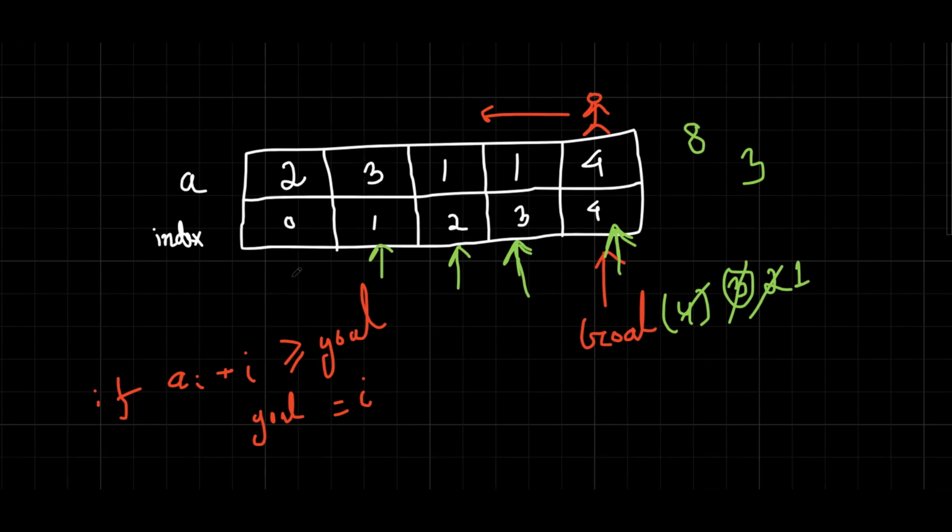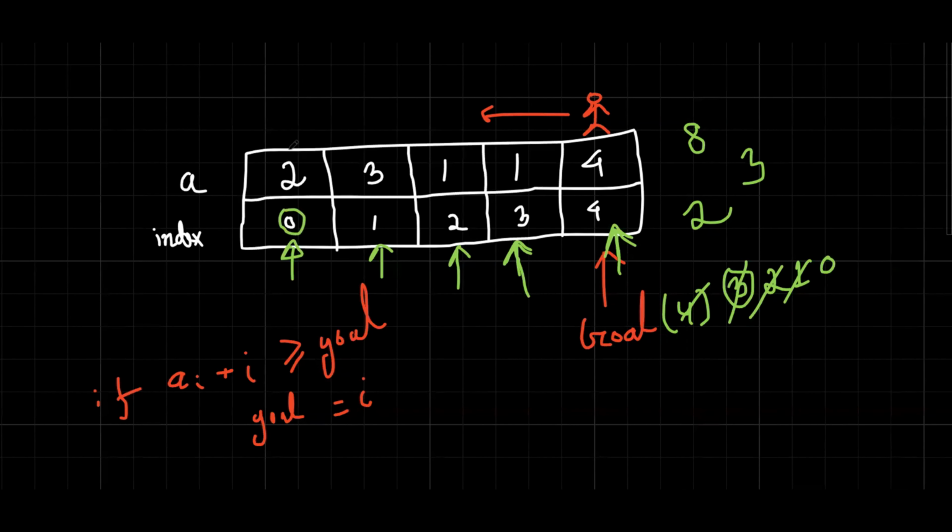Now we are at the first position. Here the summation of 0 plus 2 will be 2, which is greater than or equal to 1. That means we have to update the value of goal from 1 to 0, which is this.